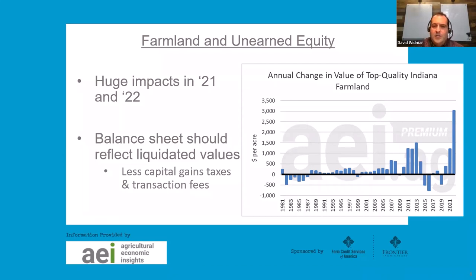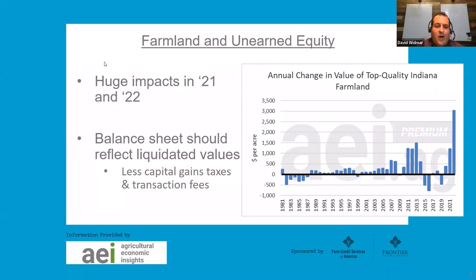So in Indiana this last year, farmland values were up 30%, and it was about a $10,000 valuation. So that's a $3,000 per acre increase. You can think about how much equity change that reflected in the balance sheet for these operations if they were marking that to market. It has huge impacts for that wealth effect or for that balance sheet.